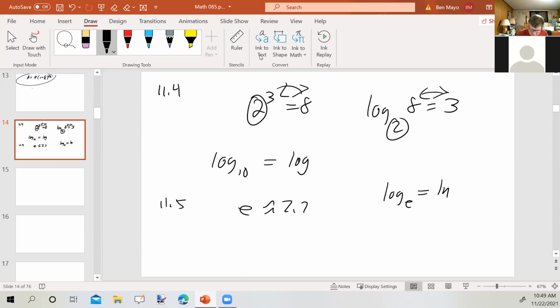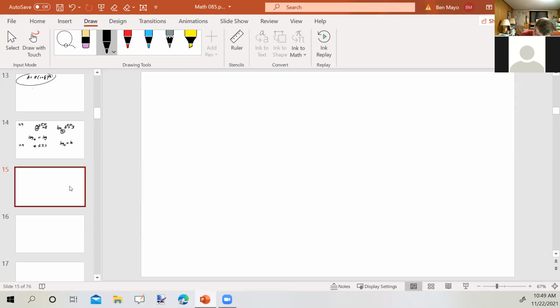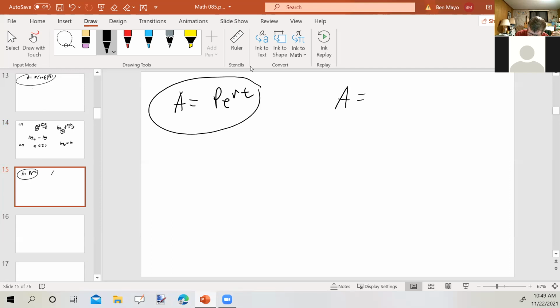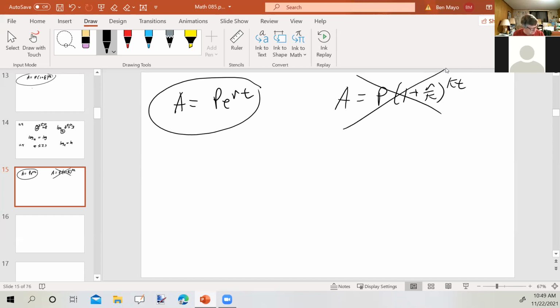We introduced the idea of continuous compounding, and that was the formula A equals P times e to the rt power. So if it's continuously compounding, or if it's a population that's growing or decaying, we use this formula as opposed to that formula. Okay.